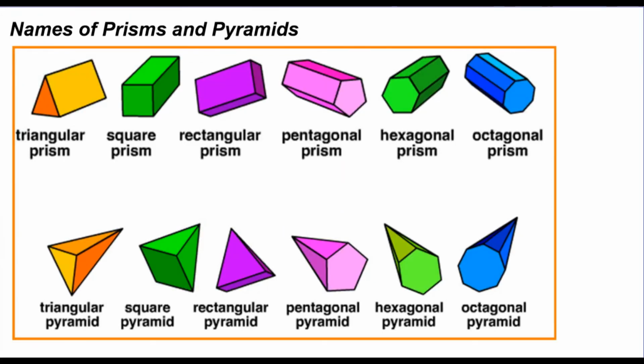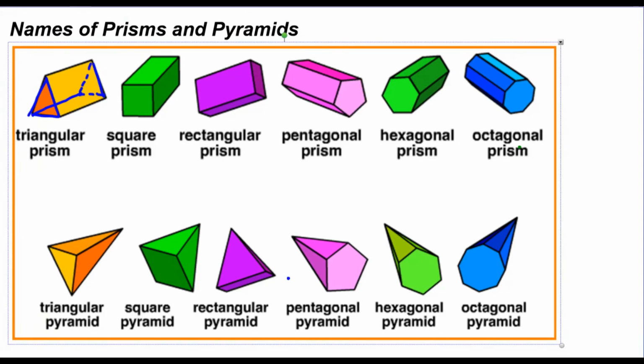Here are a few of the types of prisms and pyramids we're going to be talking about. Again, the shape of the base is what defines how we name and classify a polyhedron. Looking at this first one, we have a triangular prism because it has two identical triangle bases, and all the other sides are rectangles.